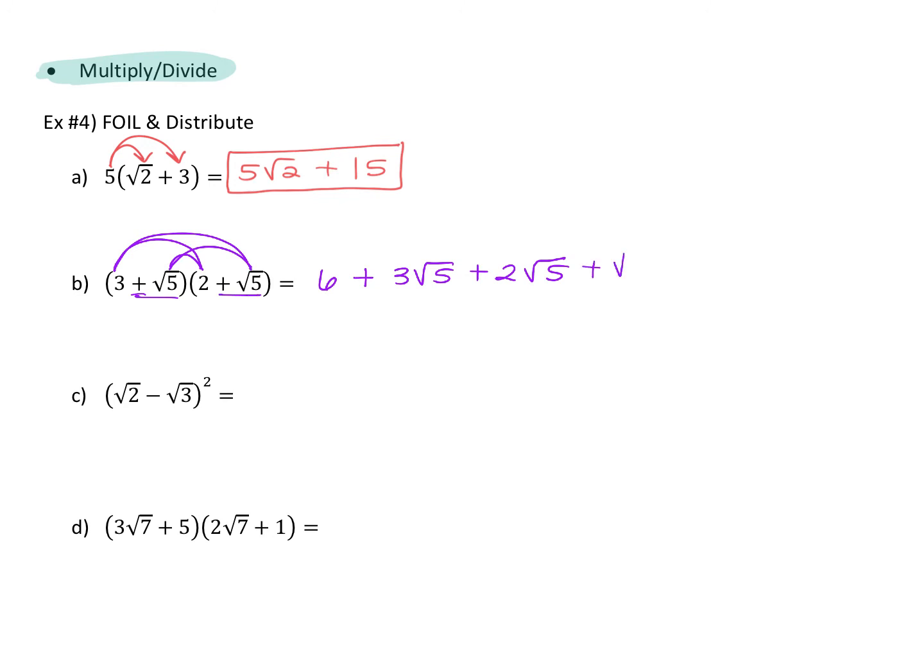You're welcome to write that as the square root of 25, or if you just know a radical times itself is always the radicand, the number underneath, you can just write that as 5 right now. So it'll be 6 plus 5 is 11. And then 3 rad 5 plus 2 rad 5 is 5 rad 5. So 11 plus 5 rad 5 is as simple as you can go. Don't call that 16 rad 5. One has a radical, one does not. You cannot combine those.